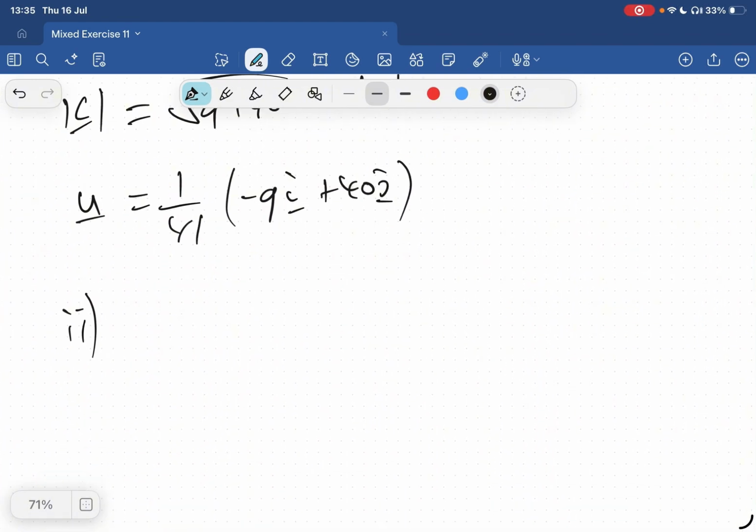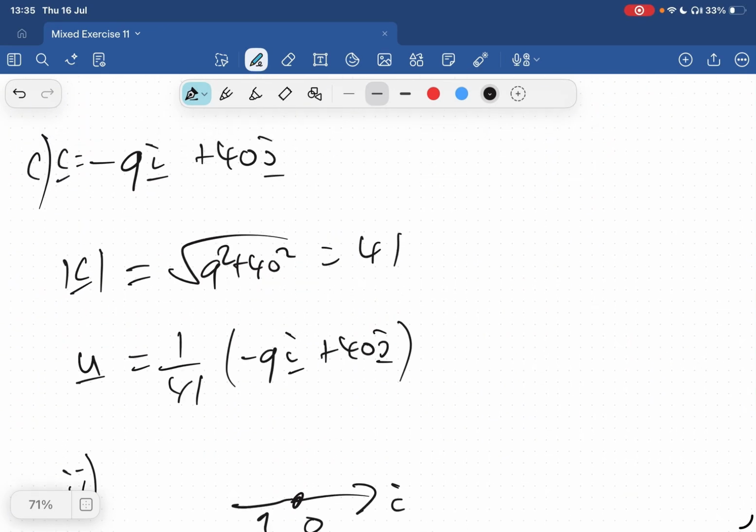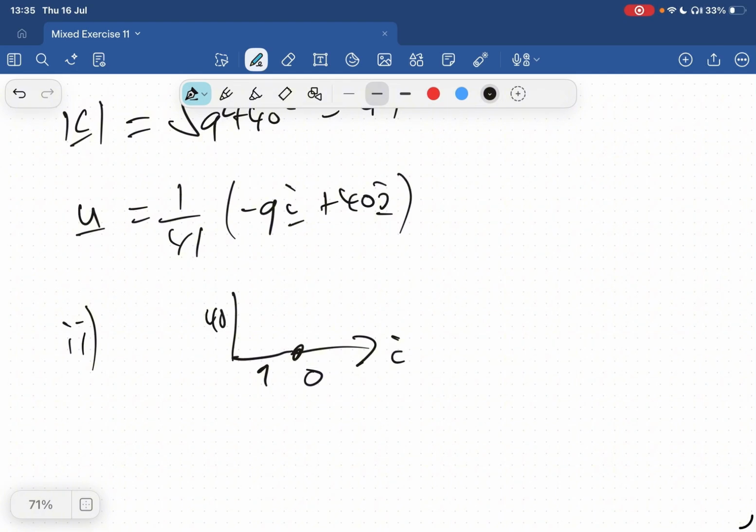Next we need to find the angle that it makes. So here's our origin. Here is I, but it's going back 9 and it's going up 40. We want to find the angle it makes with I. If we find this angle x in the triangle, which is easier, then we can do 180 take away that.